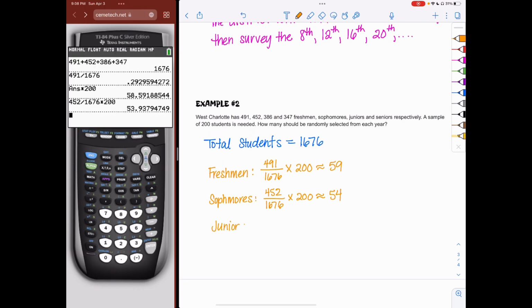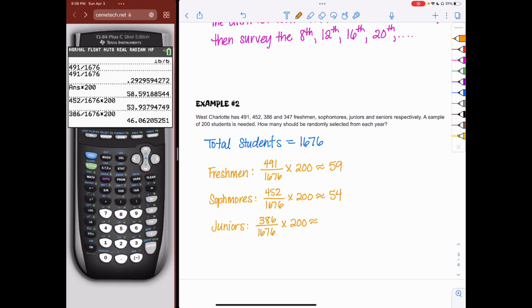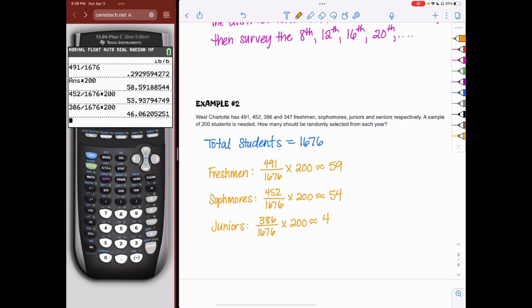Juniors, I will have 386 of them out of 1676 times 200, and that is going to give me approximately 46 students from that class.